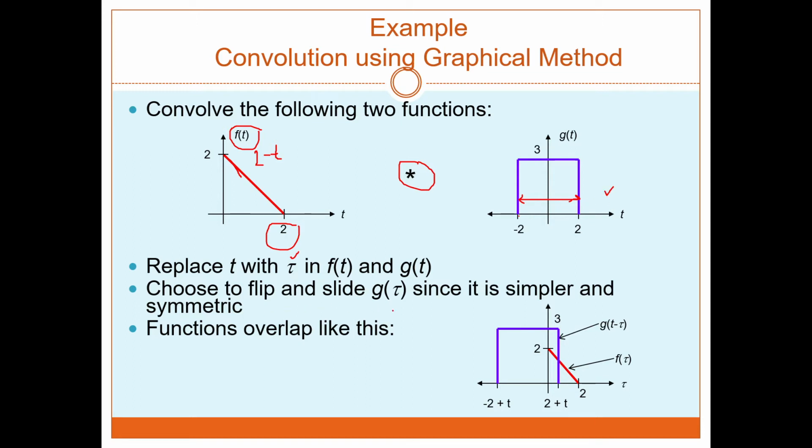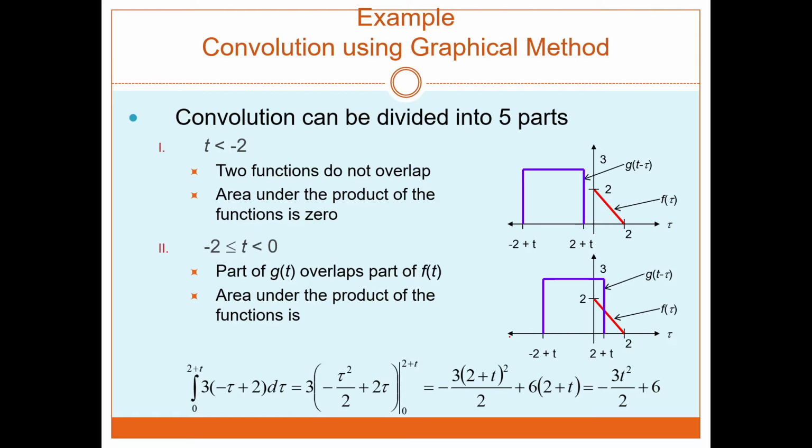If we flip or rotate it, it will become the same, and then we slide g(tau). Slide to the left first, so now it will overlap like this in the figure. Then we divide all the regions connected to the equations.